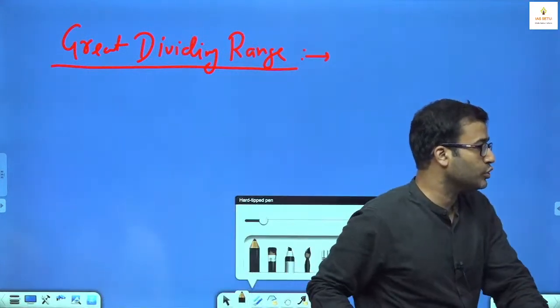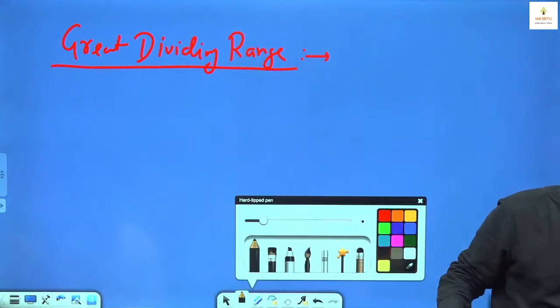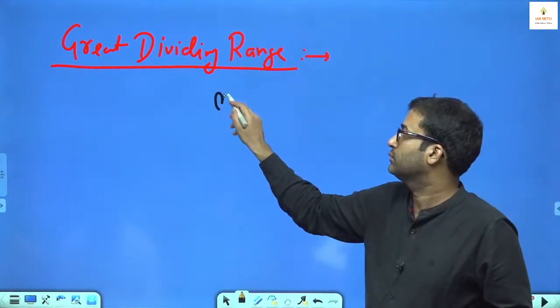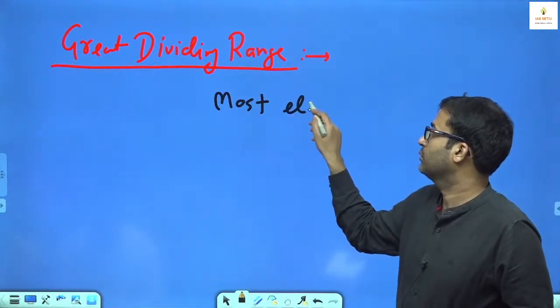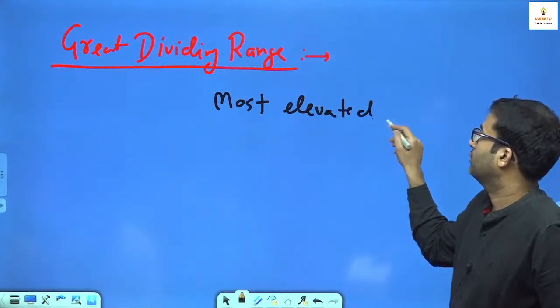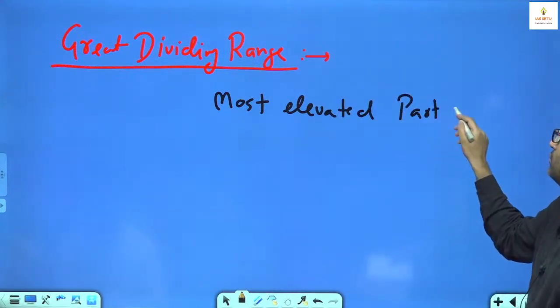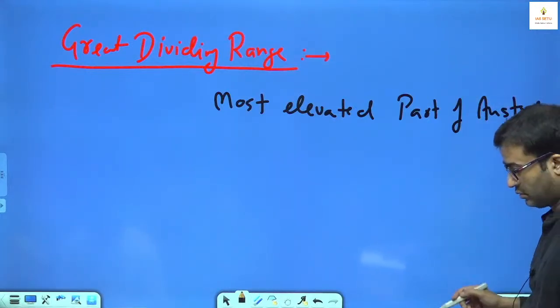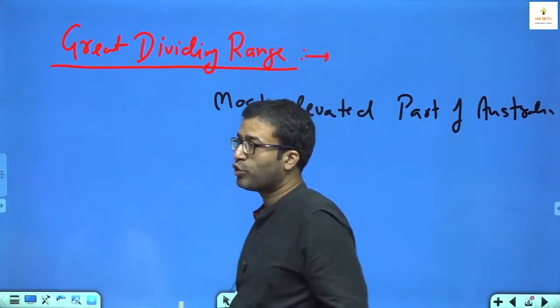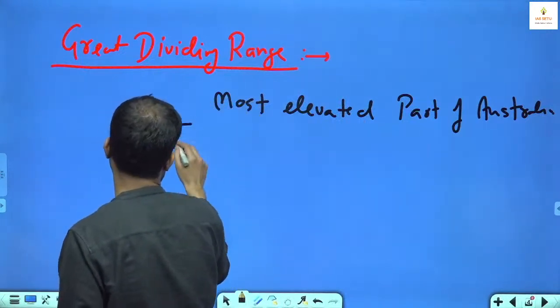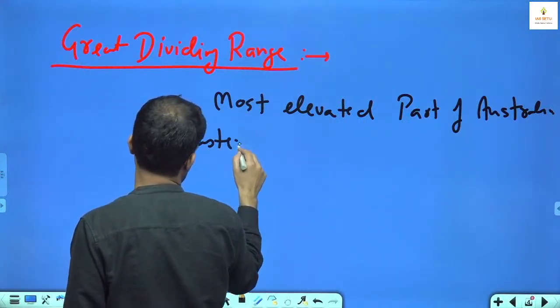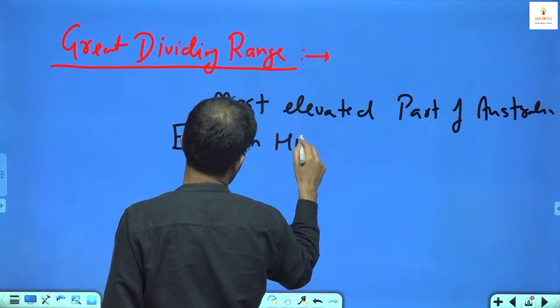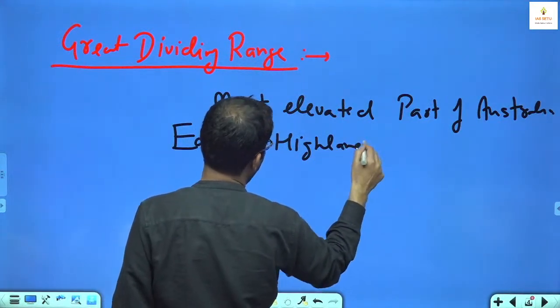It is the most elevated part of Australia. Also known as the Eastern Highland.